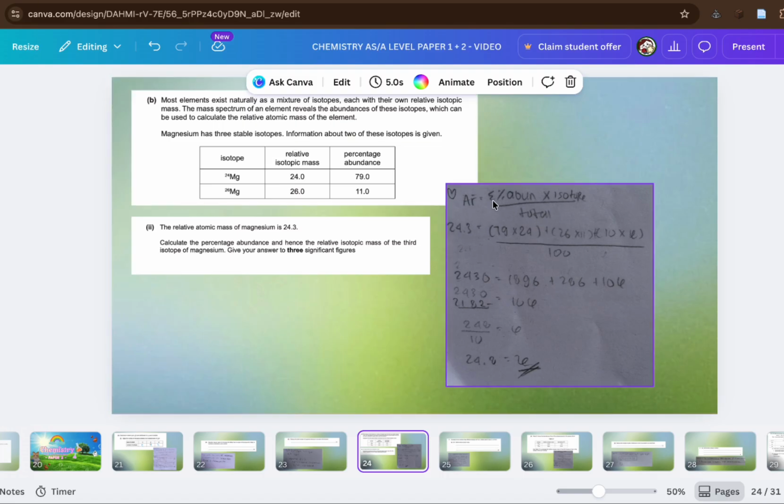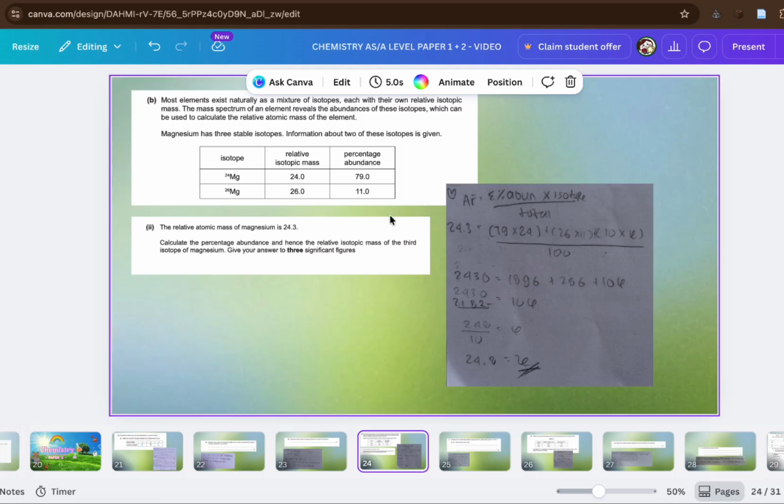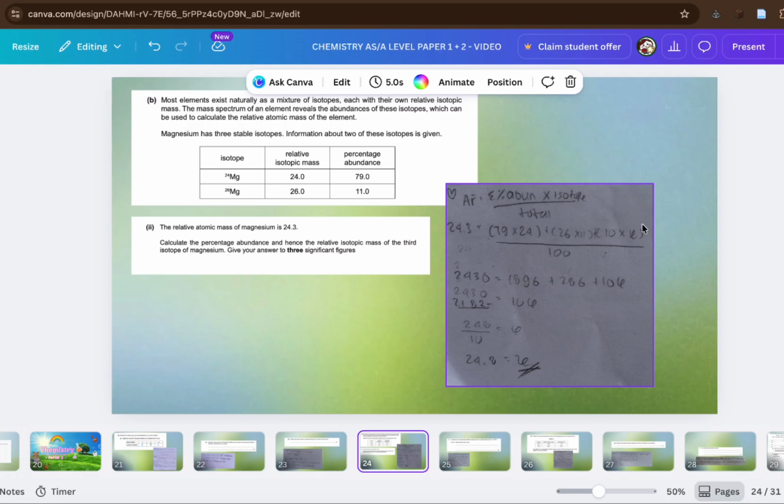Relative atomic mass equals the sum of percentage abundance times isotope mass over the total abundance, so 24.3 equals 79 multiplied by 24 plus 26 multiplied by 11 plus 10 multiplied by x, over 100. We multiply both sides by 100, which gives 2430 equals 79 times 24, which is 1896, plus 26 times 11, which is 286, plus 10x.